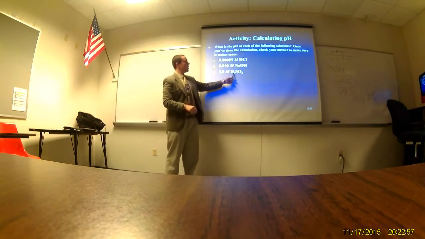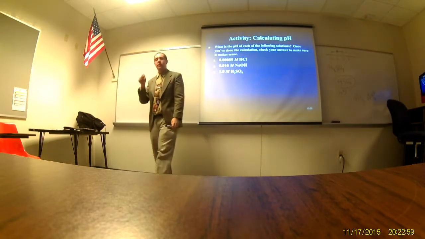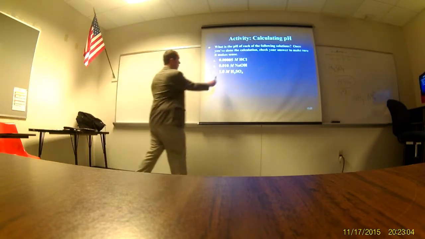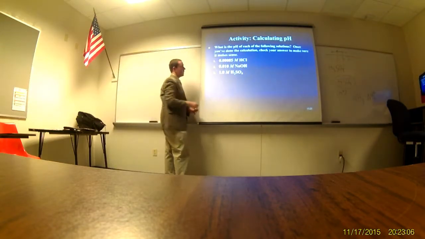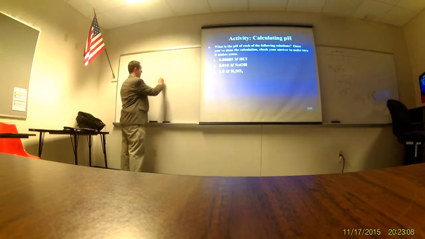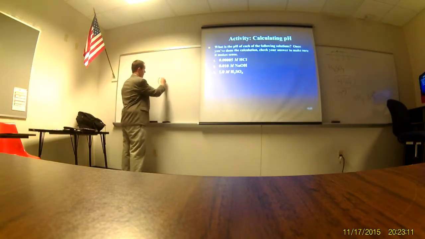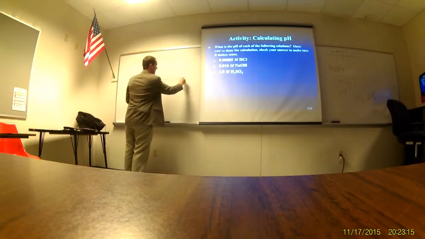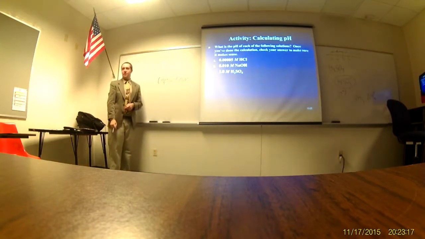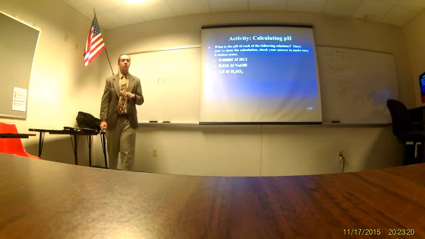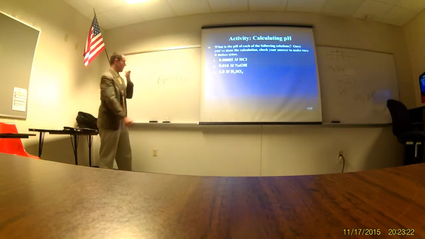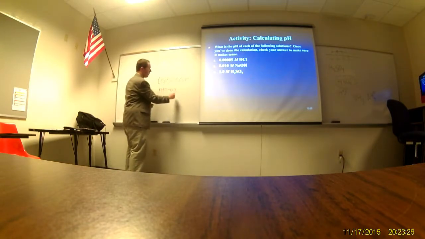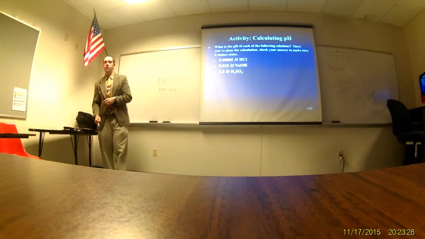So, if we have 1 molar H2SO4, what concentration of hydrogen ions do we have? 2 molar. 1 times 2. So H3O plus equals 2.0 molar. So, what is our pH? pH equals negative 0.3, same thing we had before.